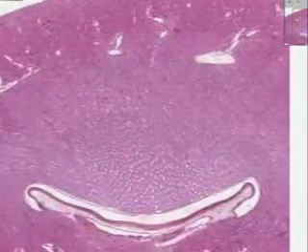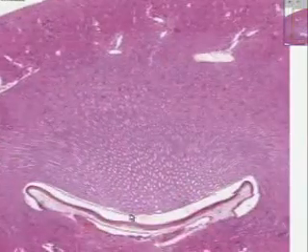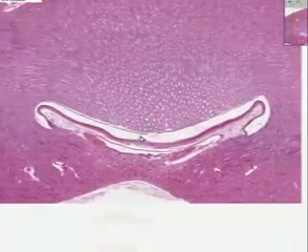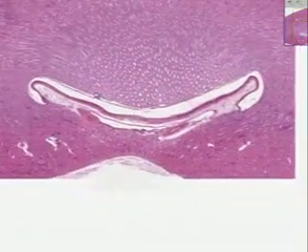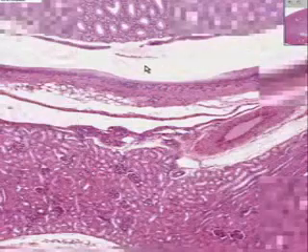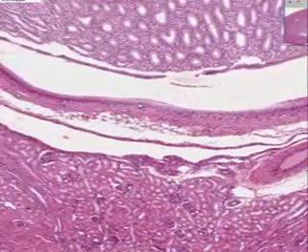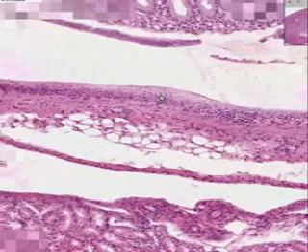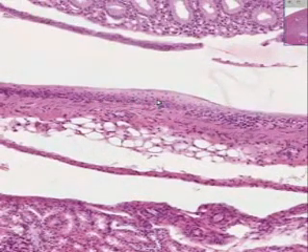And this transitional epithelium now will extend from the minor calyx all the way to the urethra. And notice that it, like squamous, is stratified, but has somewhat of a cellular conformational change depending on whether this space is distended or compressed.